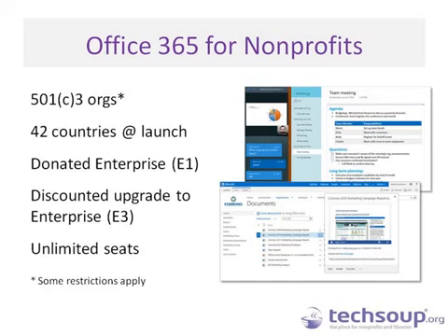That is an upgrade cost of $4.50 a seat, a discounted price from the normal price of E3. So we think the Donated Enterprise E1 will probably be just fine for most organizations, but for those with very specific needs, there is a reduced cost to bump up to the E3 Enterprise.